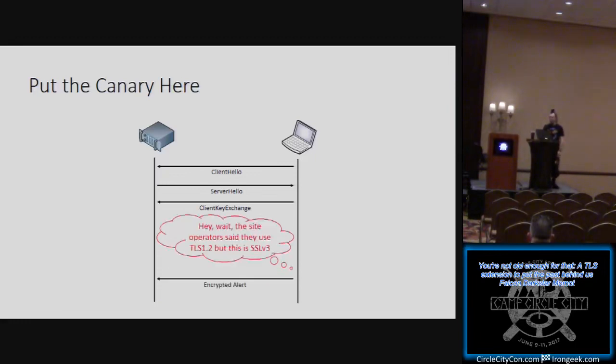And so what happens is the user agent says, well, wait a minute, we for some reason are speaking SSL v3 with like RC4 export, and we know that the site operator said that they support TLS v1.2 and AES 256 GCM. What happened? Maybe we should send back an encrypted alert and suppress this, because clearly something has gone wrong and we're likely being tampered with, and this connection is not private.